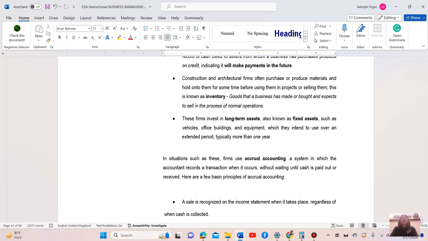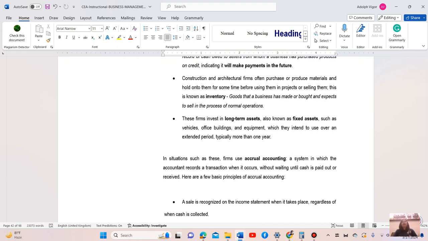These firms also invest in long-term assets, also known as fixed assets, such as vehicles, office buildings, and equipment like a backhoe or a one-bagger mixer, which they intend to use over an extended period, typically more than 1 year.